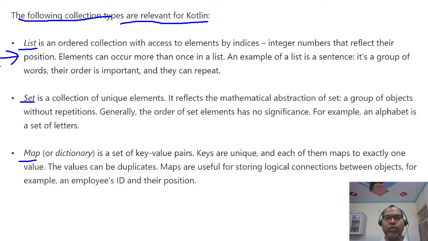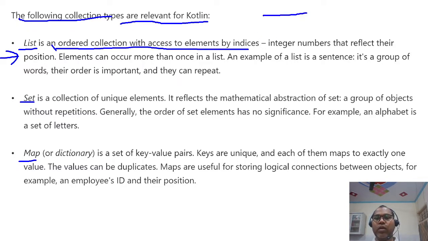So the question is, in which situation are you going to use a list, a set, or a map? A list is an ordered collection with access to elements by their indexes.